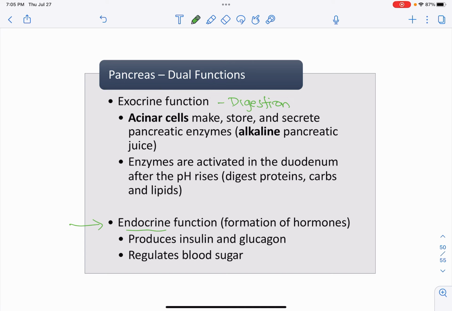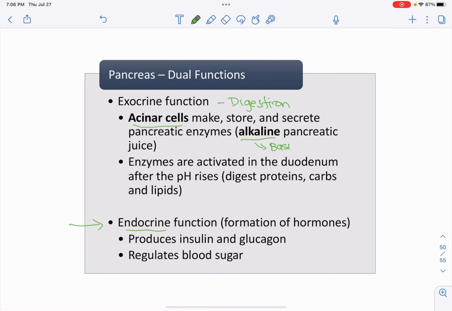So first, it has a role in digestion. There are cells in the pancreas called acinar cells, and they are going to make, store, and secrete pancreatic enzymes. All right, they are alkaline or basic.